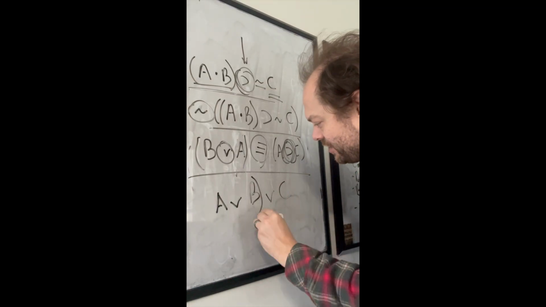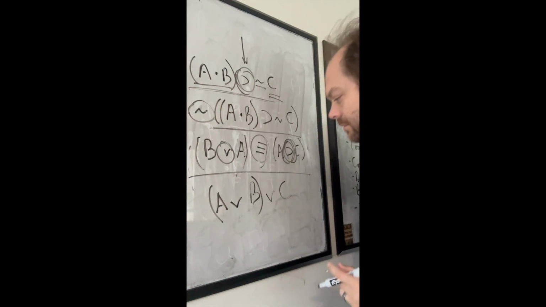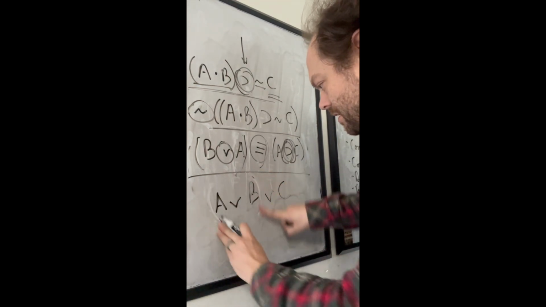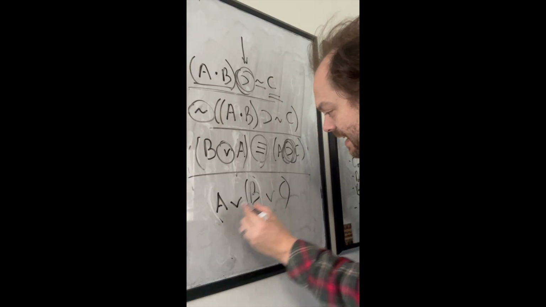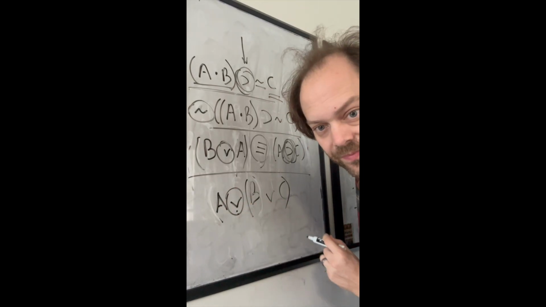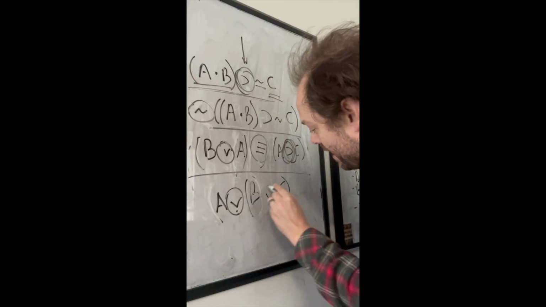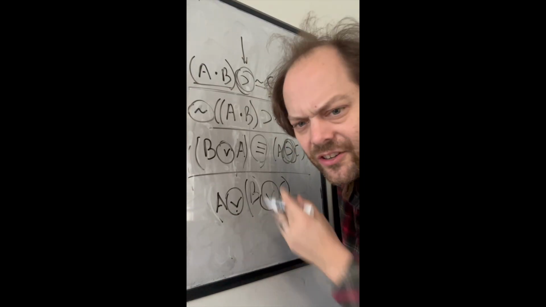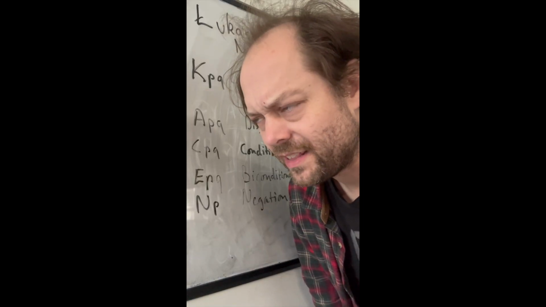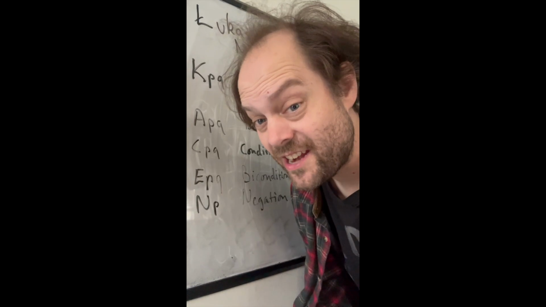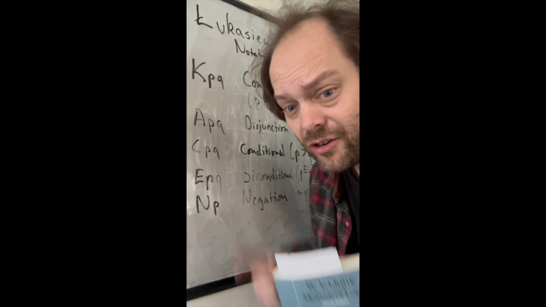We need to break it into two, like that, or the other way, like that. So there's always going to be one connector that's the major connector and the others that are subordinated to it.